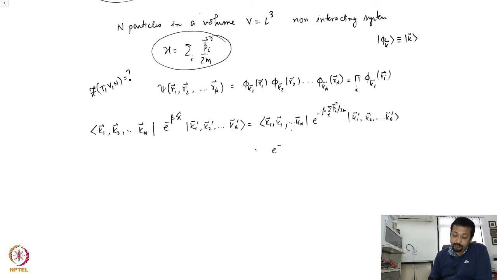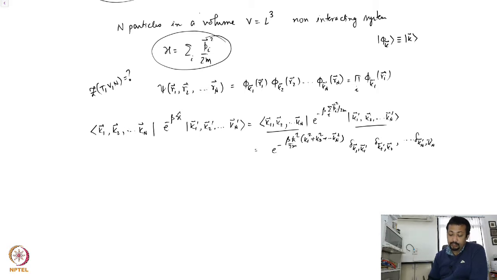This becomes e to the power minus beta h bar squared over twice m times (k1 squared plus k2 squared plus ... plus kN squared). And since they are orthonormal, the orthonormalization gives you delta k1, k1' delta k2, k2', and so on, and delta kN, kN'.